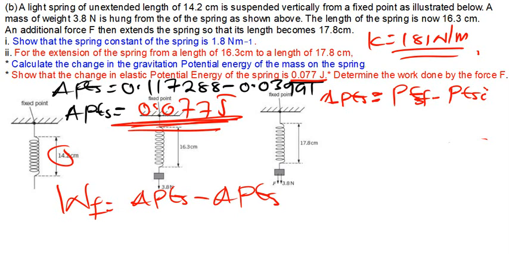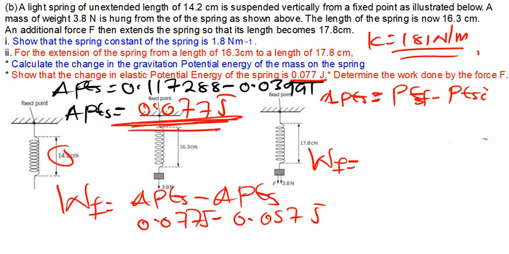So now we found our change in elastic potential energy to be 0.077, minus the change in gravitational potential energy, which we found to be 0.057, if not mistaken. So the work done by the force will be equal to 0.077 minus 0.057.